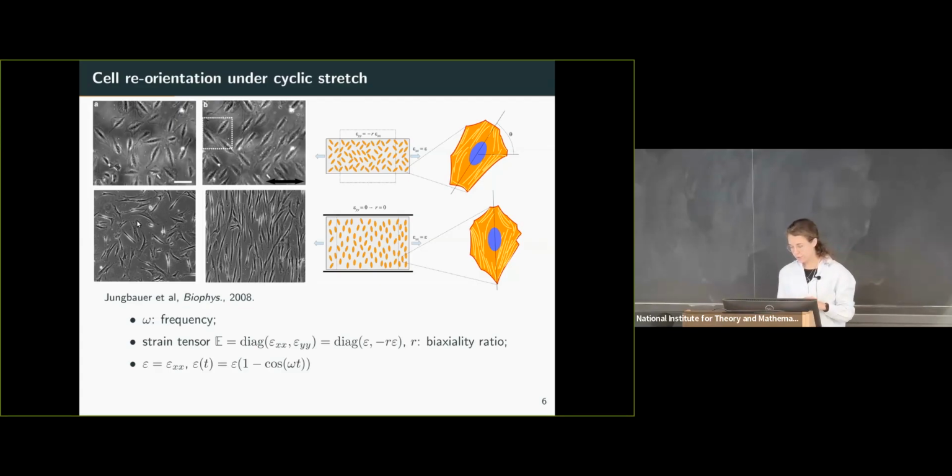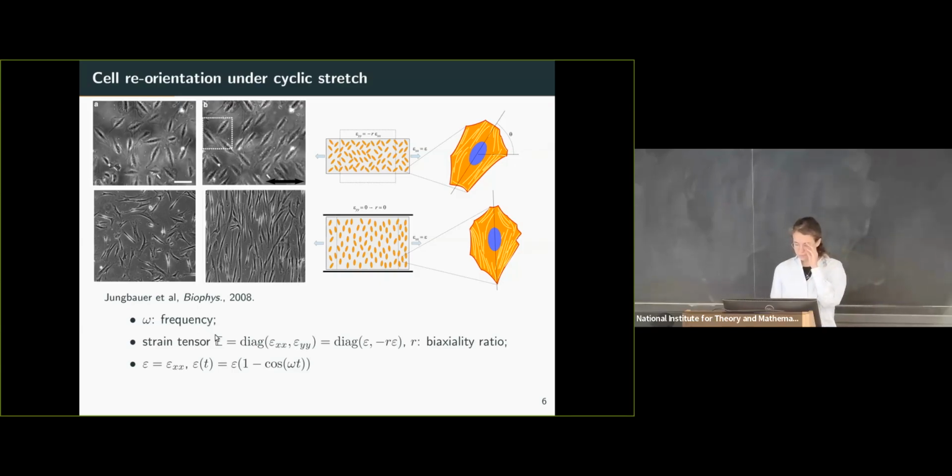Instead, if you start always from this random situation and then you stretch your substrate only in one direction, so here you're allowed to do like this and to compress also in the other direction. In the second situation, you're only allowed to stretch in the horizontal direction and you're blocked in the vertical direction. And what happens is that cells tend to reorient in the direction perpendicular to the solicitation.